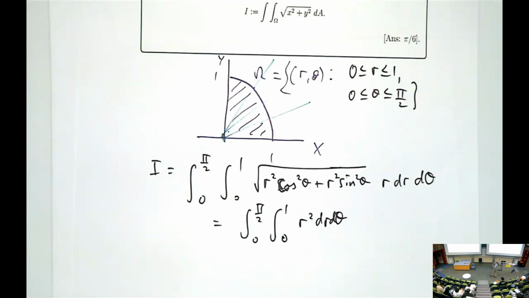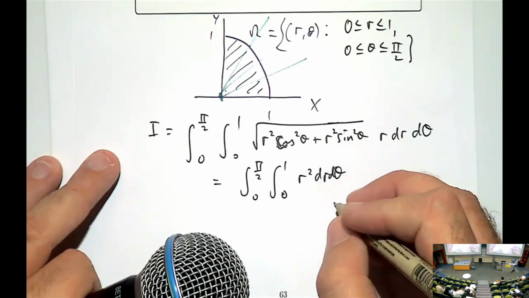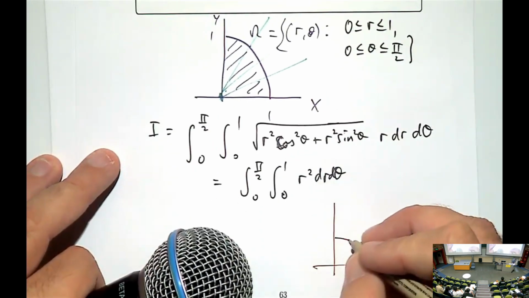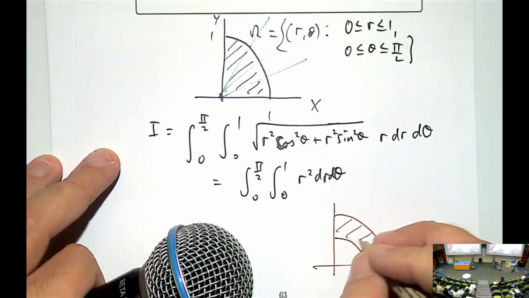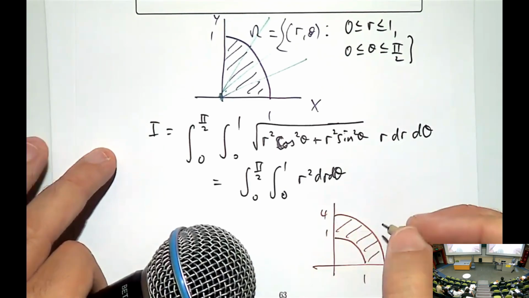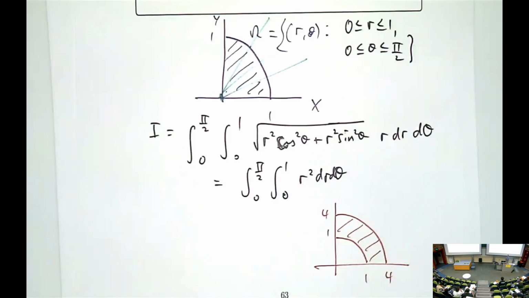Now, what happens if we had a section like this? How would we describe that region in polars?